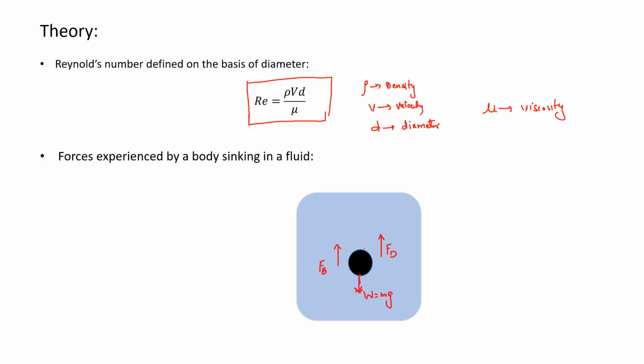Here in this illustration we see this black circle. Let's suppose this is the lead bead, and it is sinking with a velocity capital V. The blue patch is the patch of fluid in which the bead is sinking.